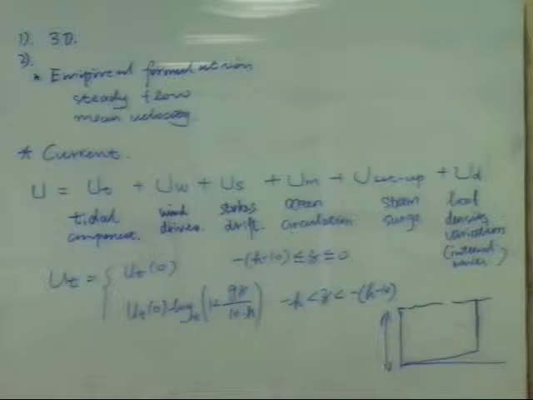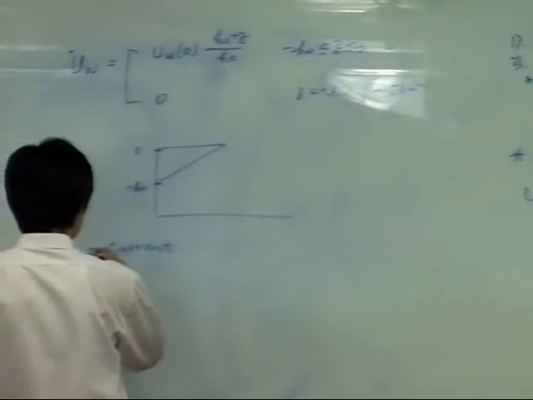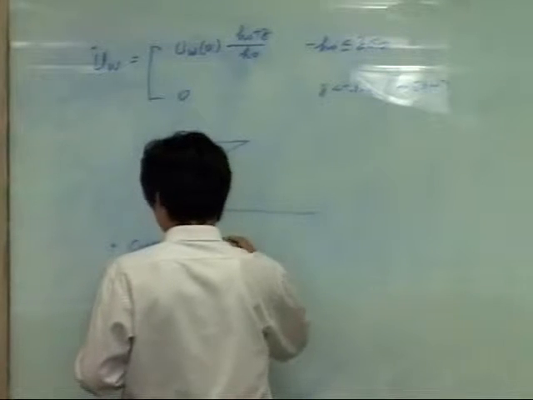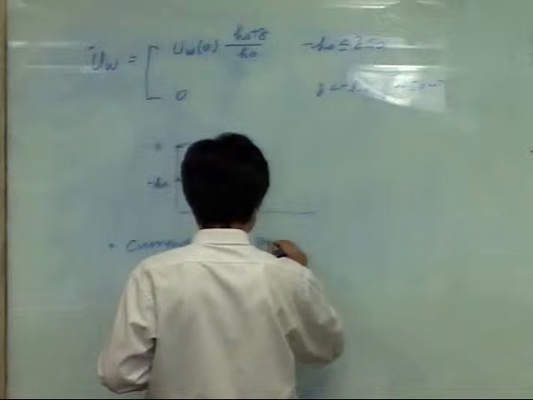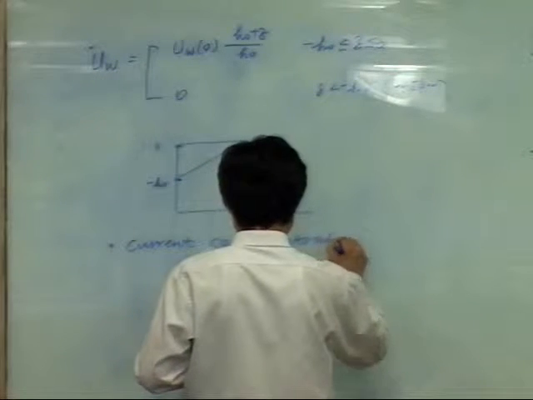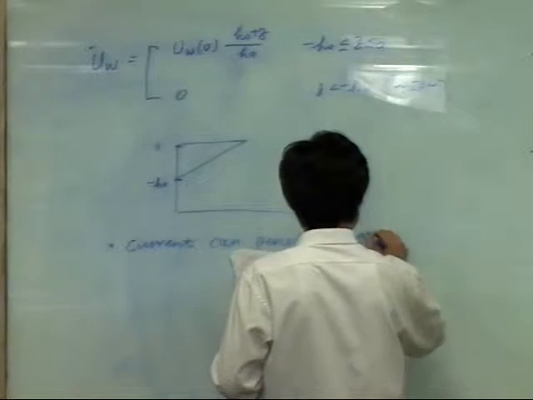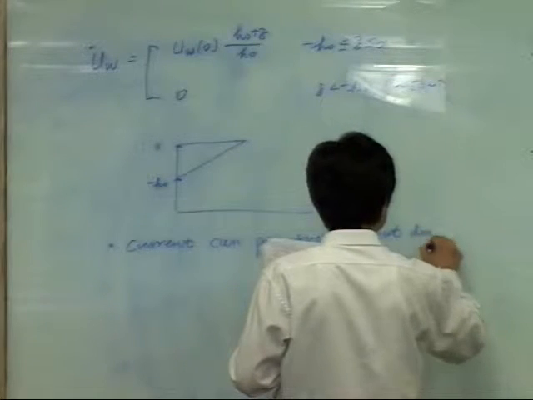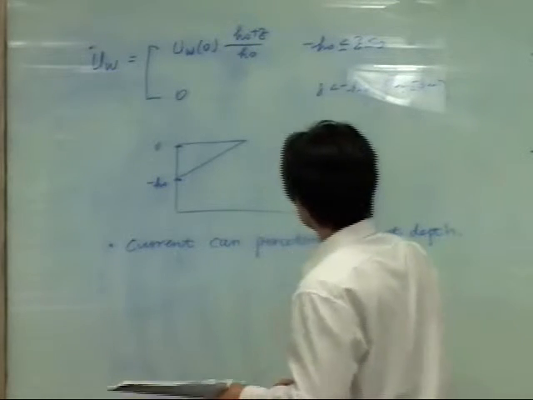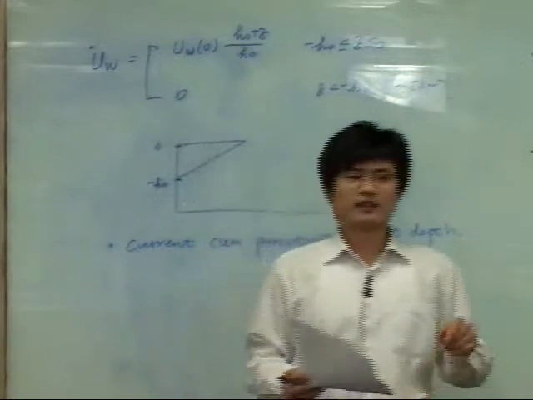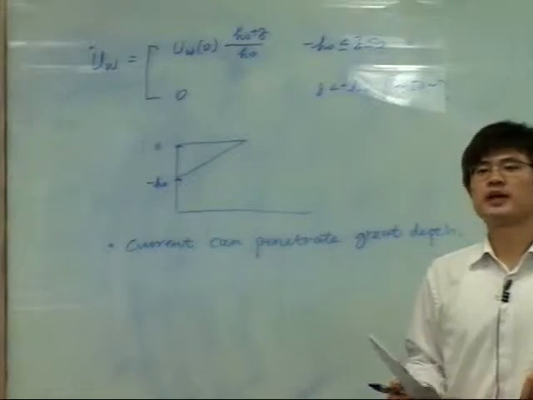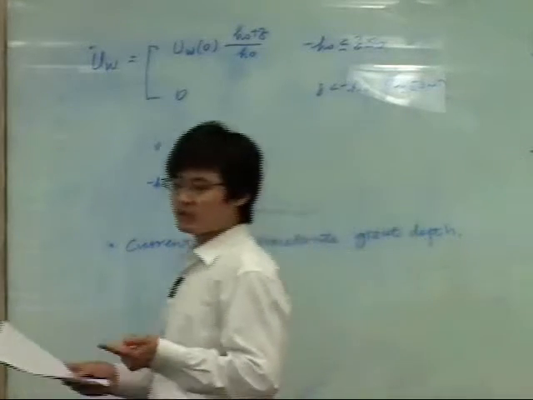Okay, in general, current can penetrate great water depths. Field measurements showed that in water depth of up to minus 900 meters, we still have strong current.